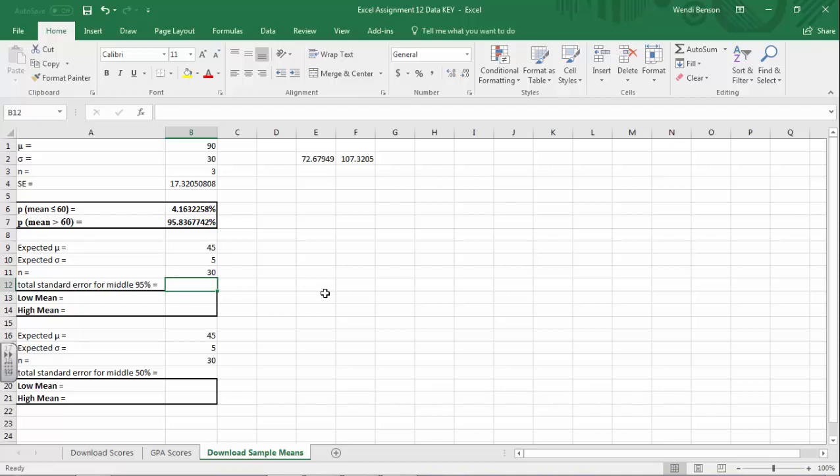So we go, first of all, equals. So you want to be right here. We're going to find out the total standard error. So not the standard error for just one standard error, but the standard error associated with the middle 95%. Because if we just did the normal standard error, the standard deviation divided by the square root of the sample size, that would tell us what one standard error is.